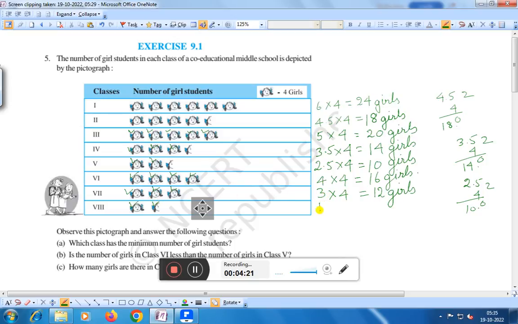That is 1.5, and each picture represents 4 girls, 1.5 into 4. 4 ones are 4, 4 halves are 2, 4, 5, 6. That is 6 girls.